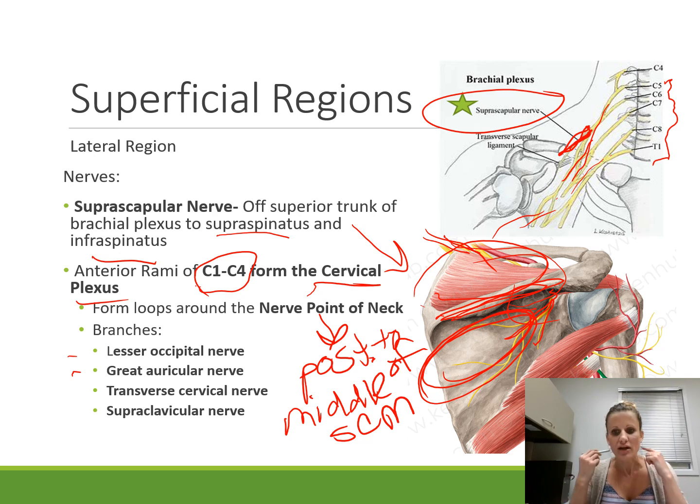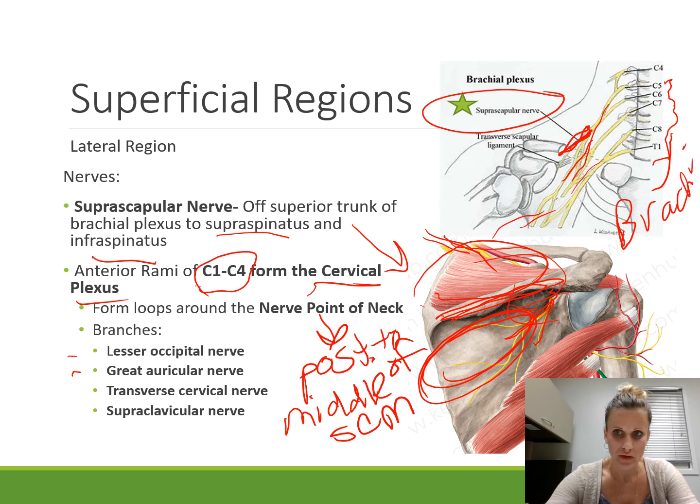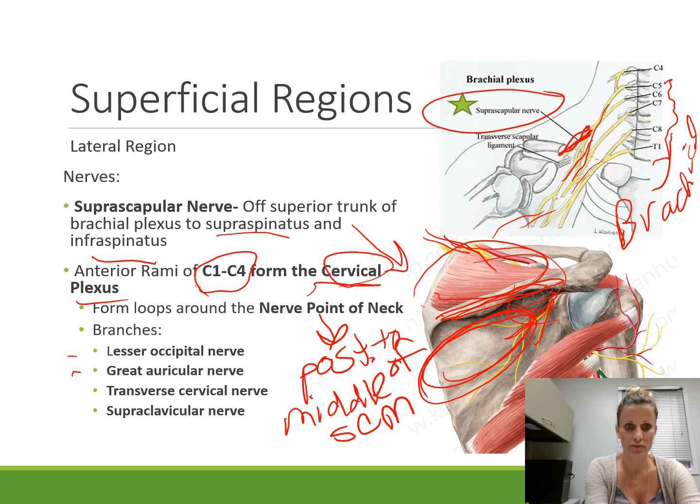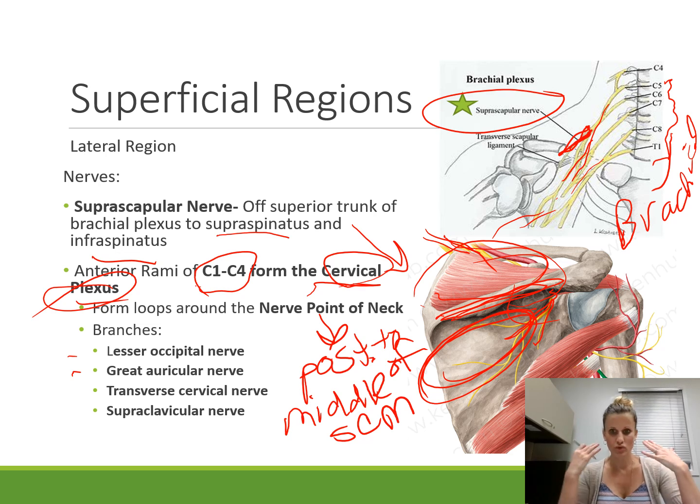Just to keep your numbers and bearings in check, remember C5 through C8 and T1 form the brachial plexus that ends up going to the arm. C1 through C4 forms the cervical plexus that goes to the neck.